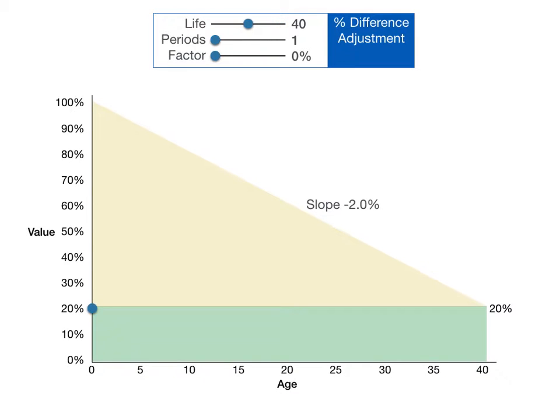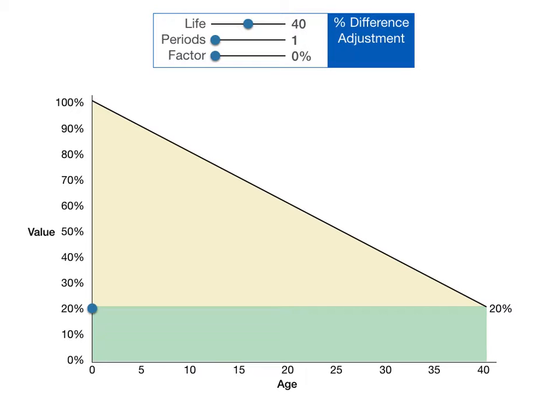All right, the next thing we want to do is take a look at the slope of that line so we can calculate changes in value based on the depreciation rate. Notice that we're calculating that as just a straight line depreciation.